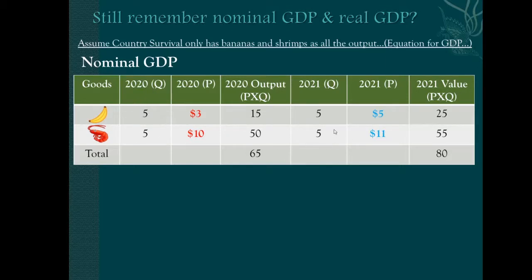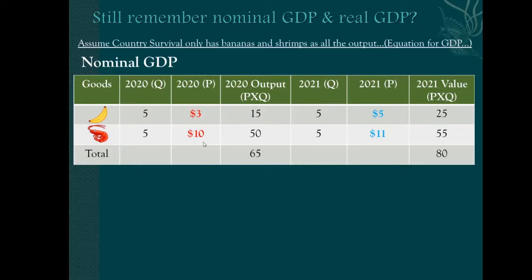And in 2021, let's assume the output is not changing, so you don't see any economic growth at all. The output is the same. But what's the difference?